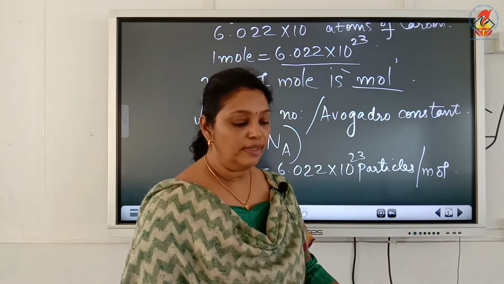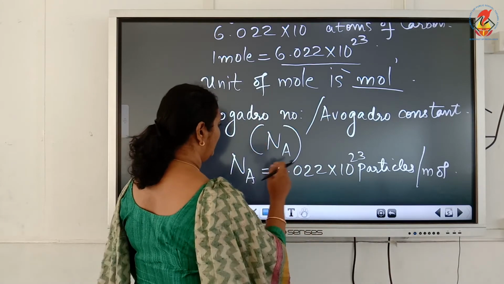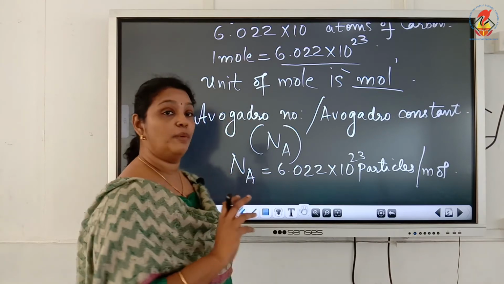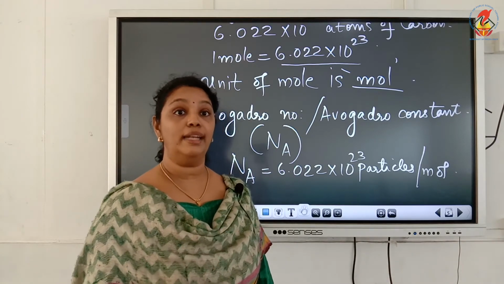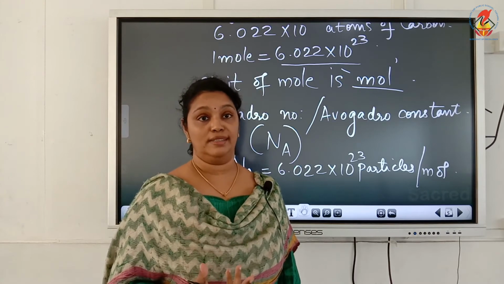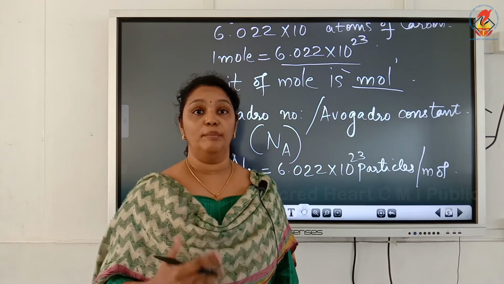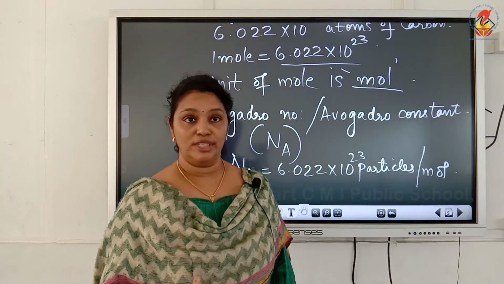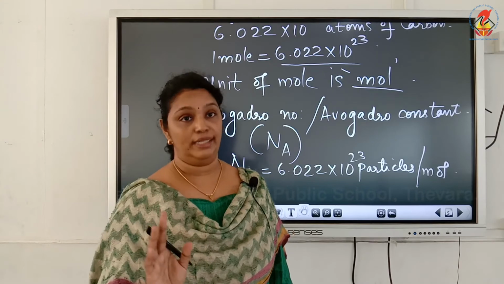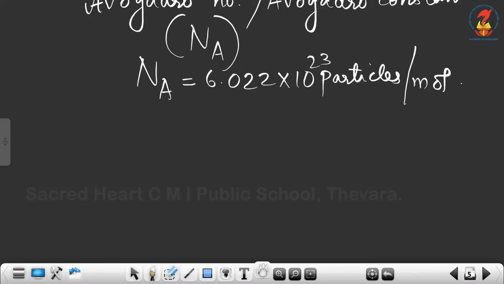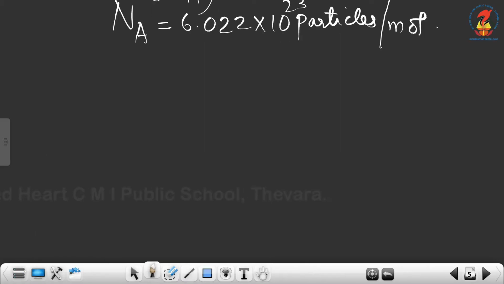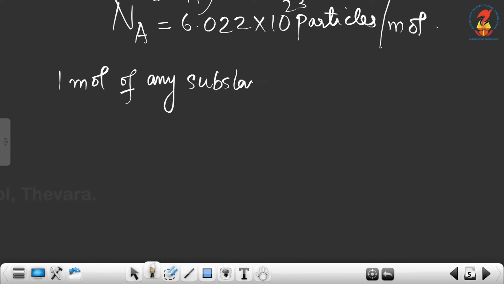Now, we'll see an example. So you can say that 1 mole is equal to 6.022 into 10 raised to 23, which means that 1 mole of any substance, let it be an atom, molecule or ion, contains Avogadro number of particles, or 6.022 into 10 raised to 23 particles.